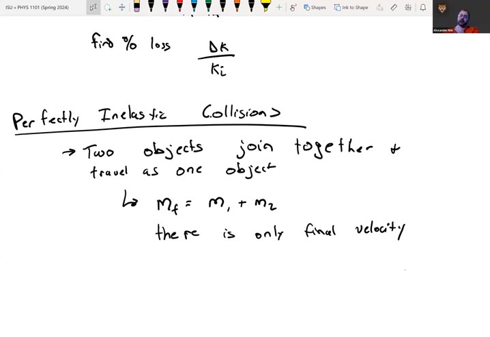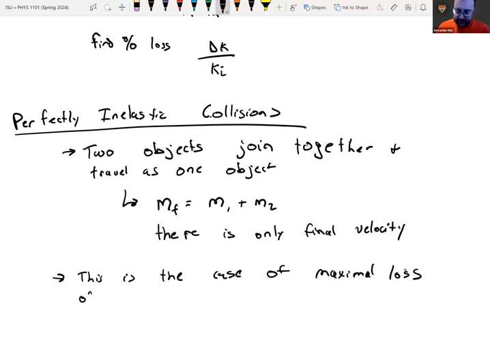Now the other thing to know is that perfectly inelastic collisions are the case of maximal loss of kinetic energy.